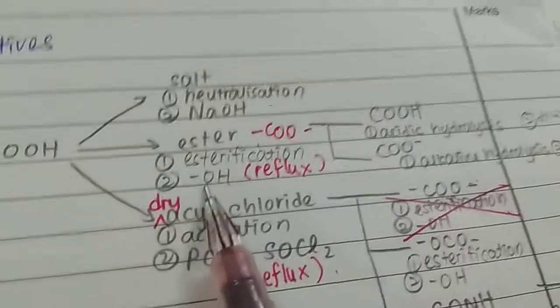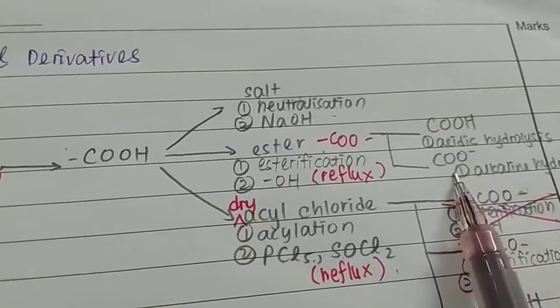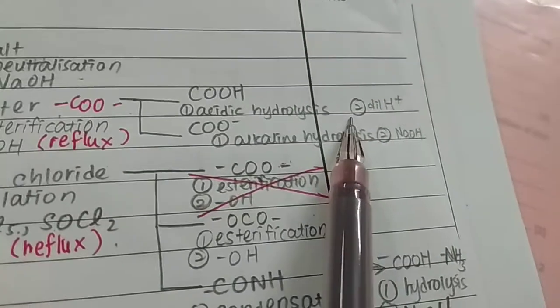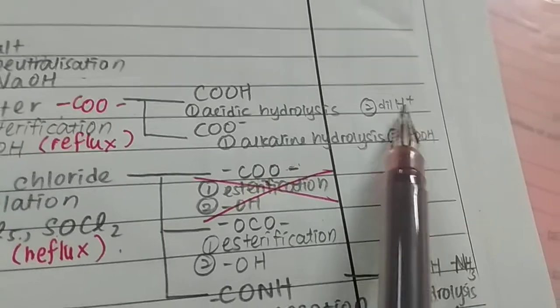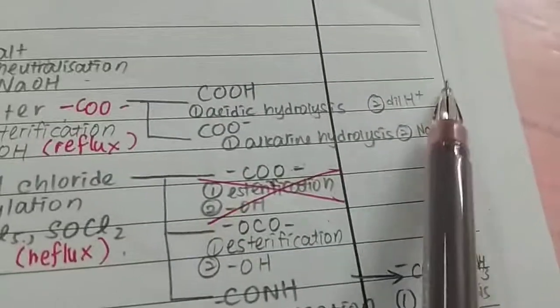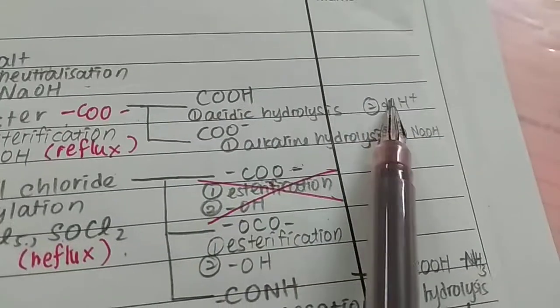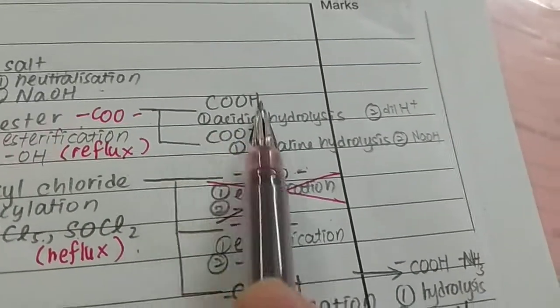So after this, let's study ester. Ester, you can obtain the reactant back when you undergo these two processes. First, we'll have acidic hydrolysis. You will react it with dilute H+, or just now I said I use H2SO4, or you can use others like HCl, HNO3, whatever acid applies. And this will give carboxylic acid.